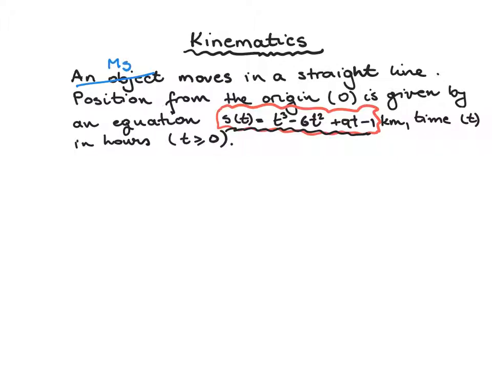I'll write here Grange. Grange is a lovely place, and the equation is still going to be the same. s of t equal to t to the power of 3, take away 6t to the power of 2, plus 90 and take away 1 kilometers, and time is going to be in hours.